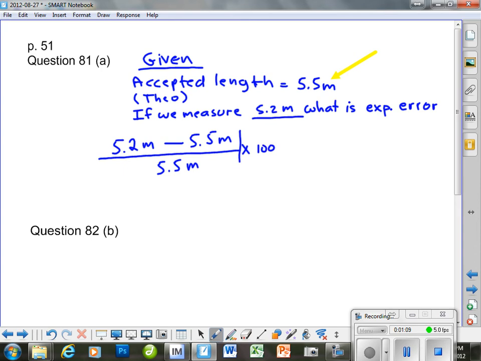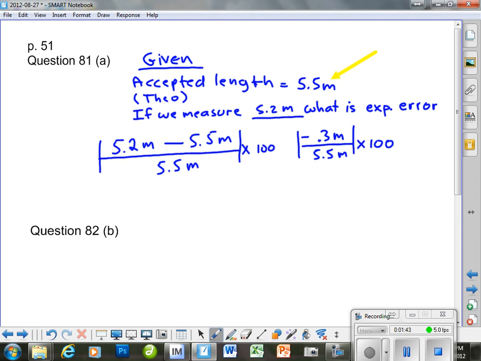And we've got our absolute value. So we've got 5.2 subtract, and let's put this inside, and we get minus 0.3 meters. And on the bottom, I've just replaced the top part, done the math, and we've got 5.5 meters on the bottom. And that's times 100, and it's still absolute value.